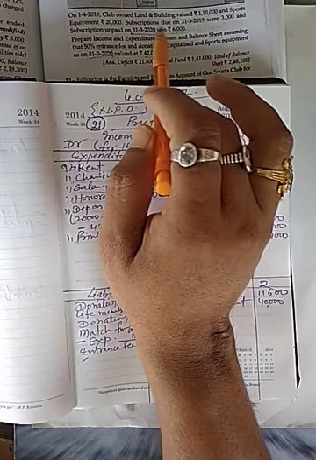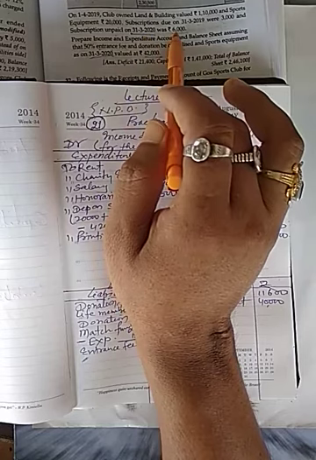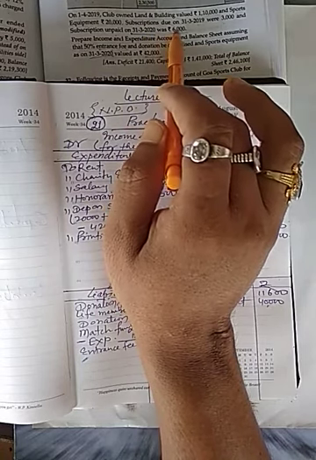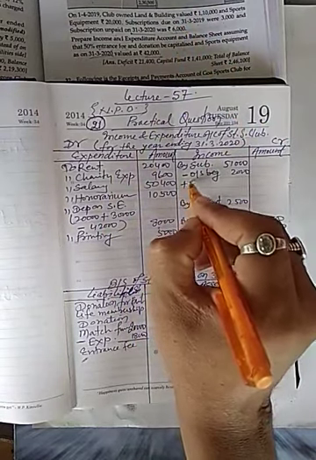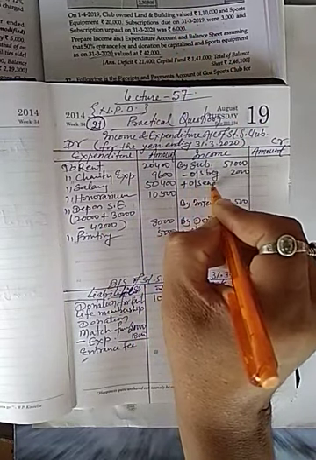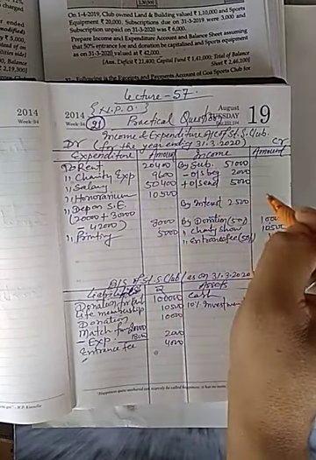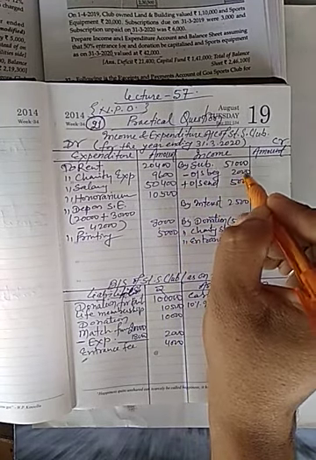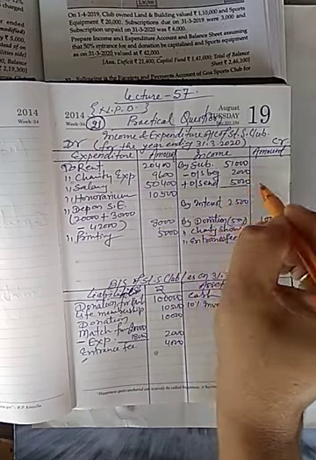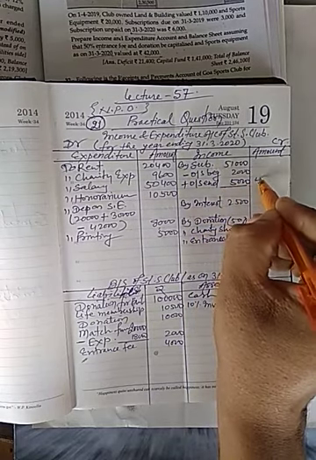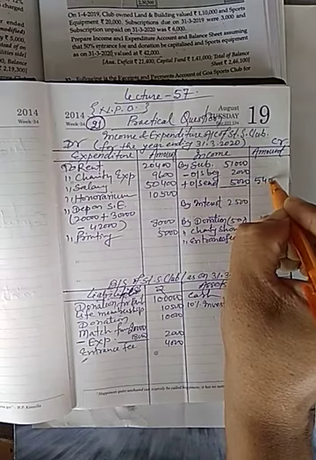So really the current year subscription outstanding will be 5,000 only. So I will add outstanding subscription 5,000 and the total will be 54,000.